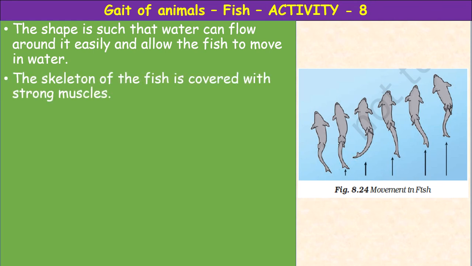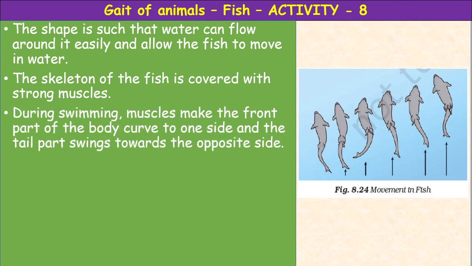The movement of the fish you can see here. The skeleton of the fish is covered with strong muscles. During swimming, the muscles make the front part of the body curve to one side and the tail part swings towards the opposite side.